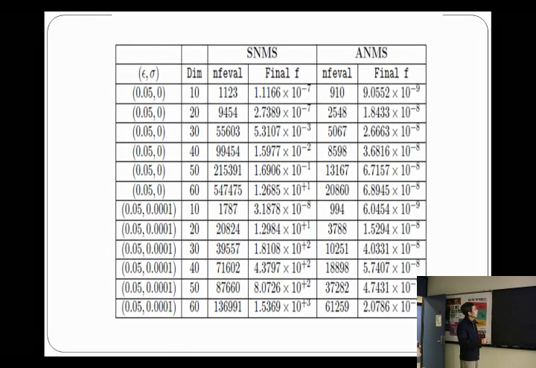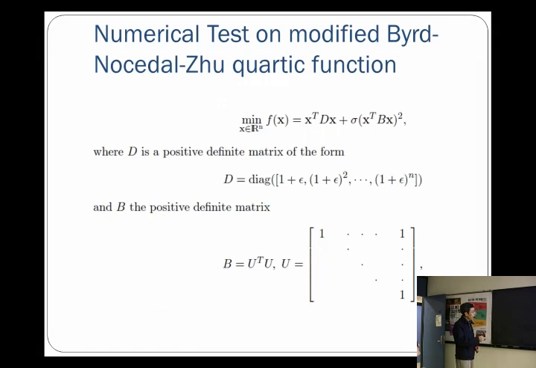Now, this column is the number of function evaluations when the method terminates, and similarly here. And the final found objective value by this method, and here by that method. For this function, the minimum value will be 0. So the closer to 0, the better the solution.